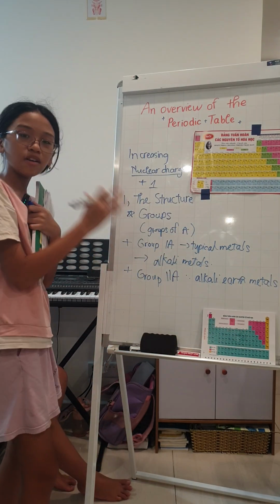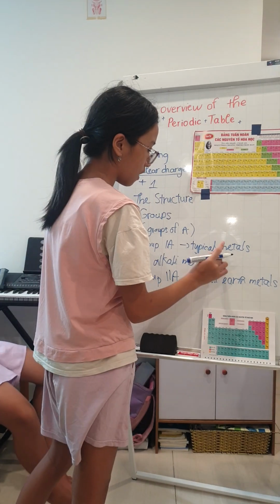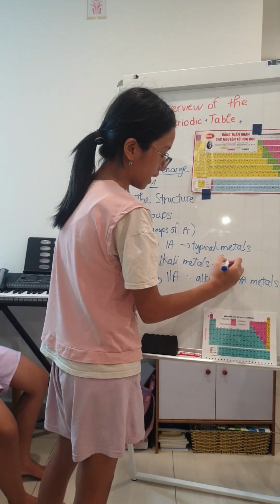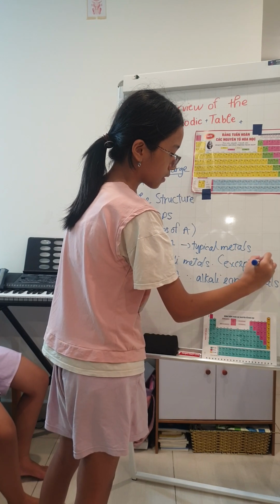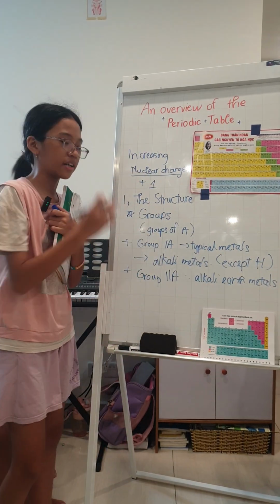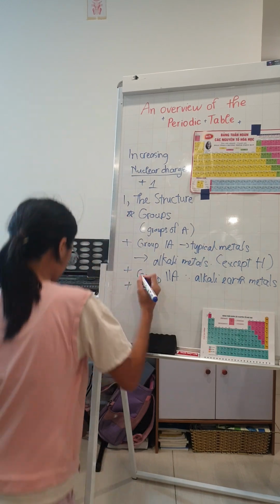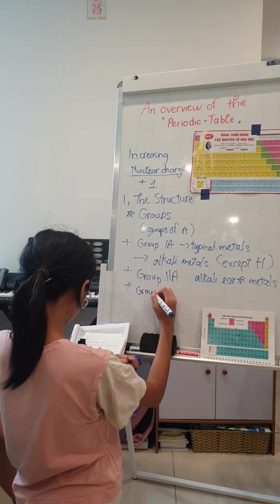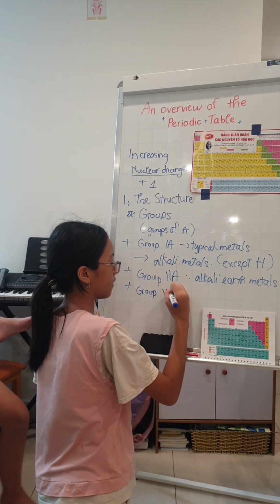Note that group 1A are all typical metals or alkali metals except H, which I will explain to you later. Next is group 7A.